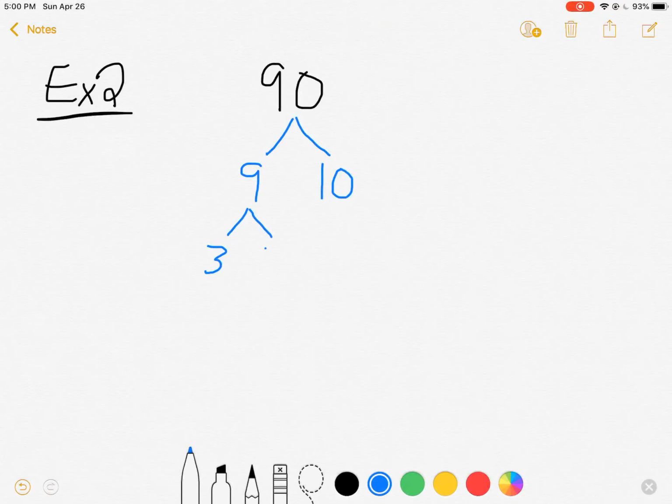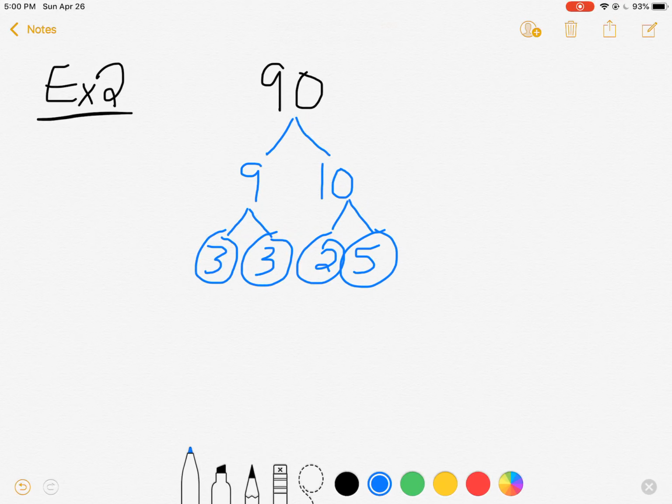So that's 3 times 3, and 10 is 2 times 5. That's a prime number, that's a prime number, prime number, prime number. So the prime factorization is 2 times 3 to the second times 5. And there's my final answer.